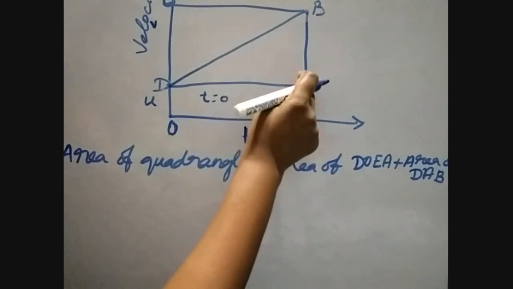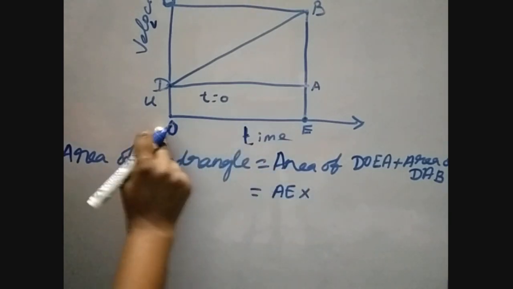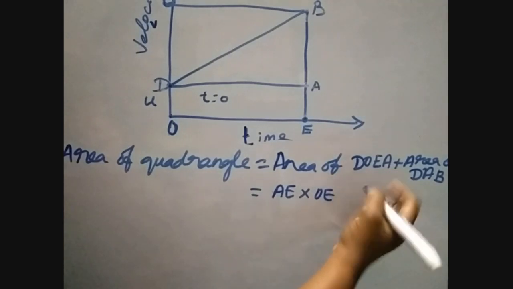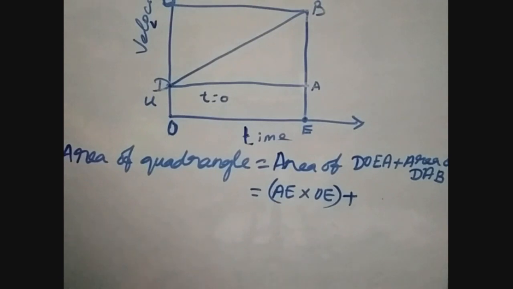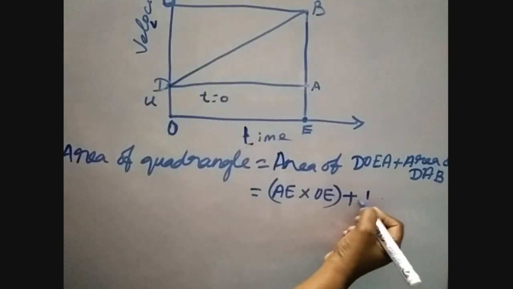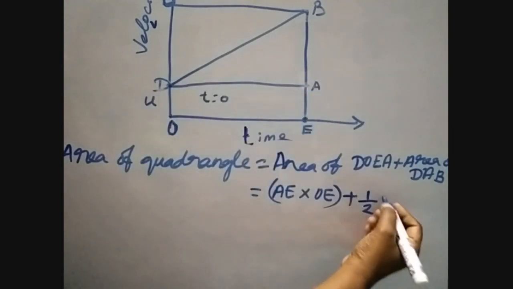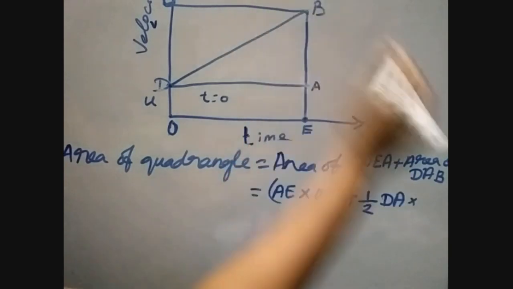So the length is AE and breadth is OE, plus the area of triangle DAB. The formula for a triangle is 1 by 2 times base times height. Base is DA and height is AB.